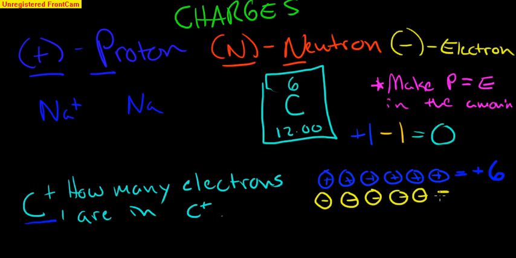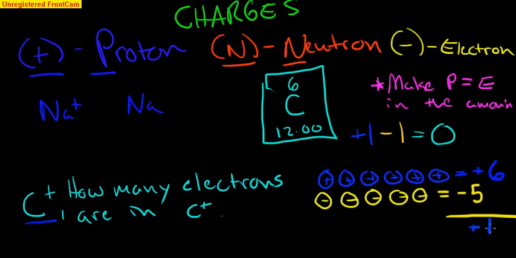Then let's add up our negative charges from our electrons. 1, 2, 3, 4, 5. So we have a negative 5. Negative is the charge. Well, you just do some simple math there, and we're going to see that we're going to have a plus 1.